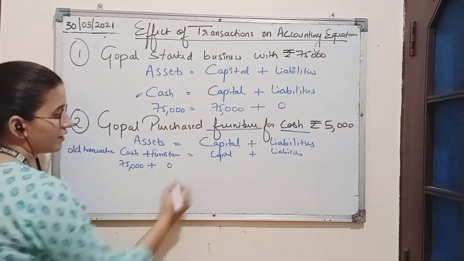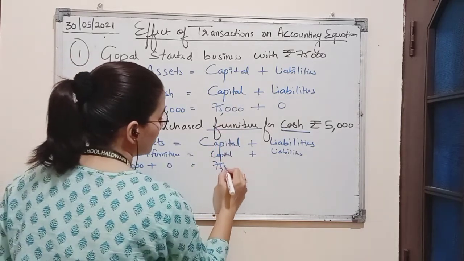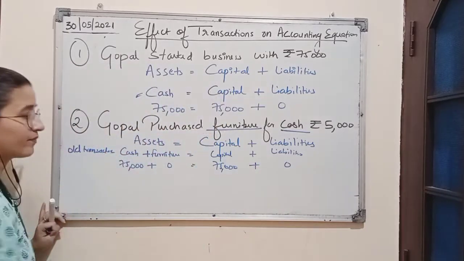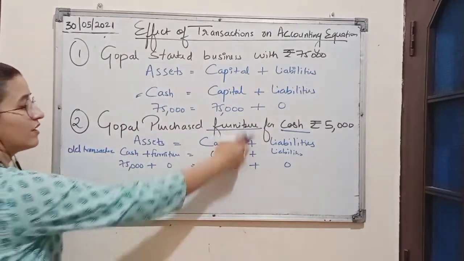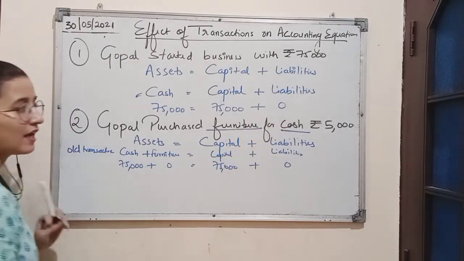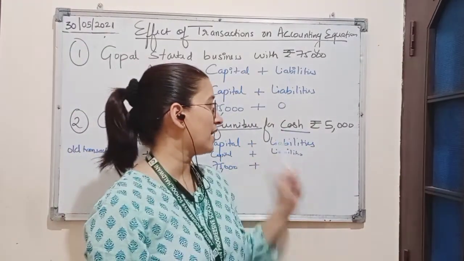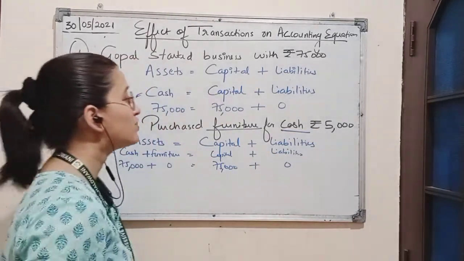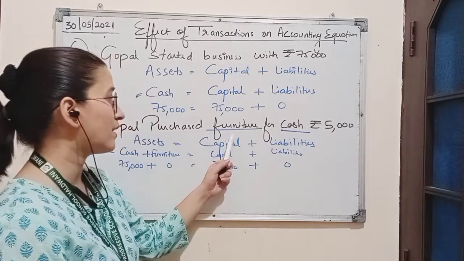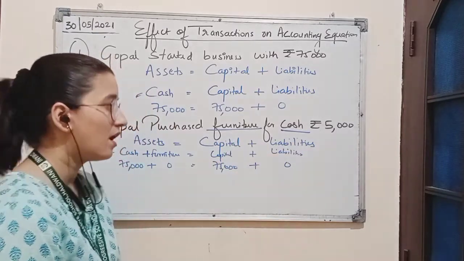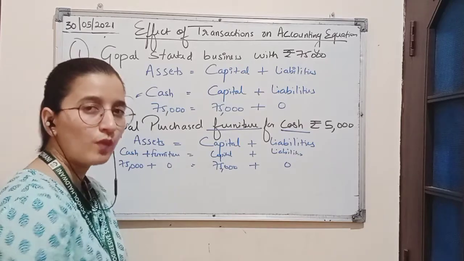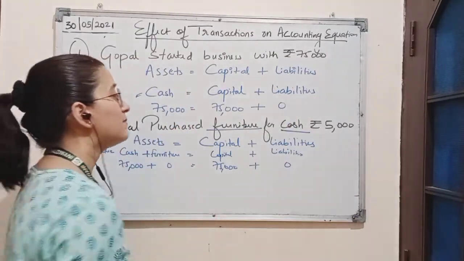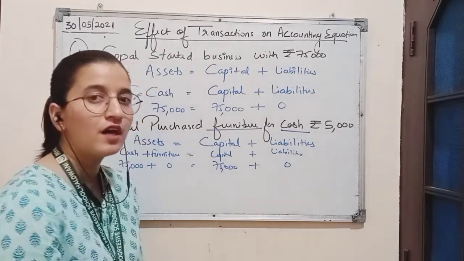There was no amount of furniture there. Capital amount was 75,000 only and there was no liability. So here in this transaction, when furniture is purchased for cash, that means this transaction has reduced the cash of the firm by 5,000. At the same time, new furniture is also acquired with the same amount. So this transaction, on one hand, decreases the balance of one asset, and at the same time increases the balance of another asset.